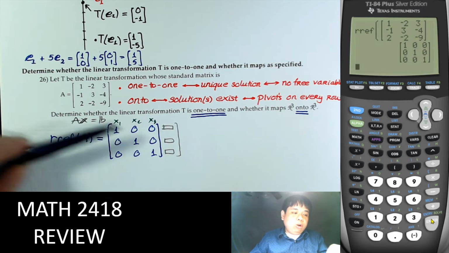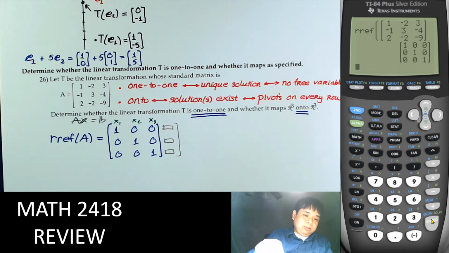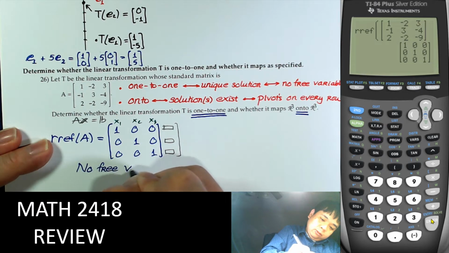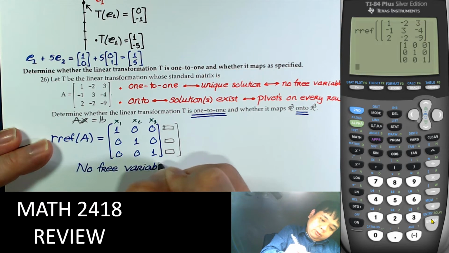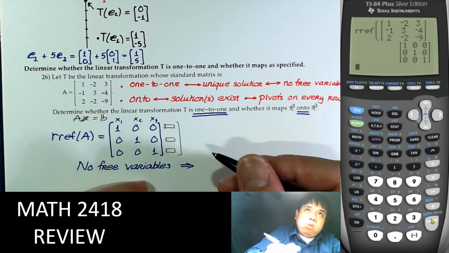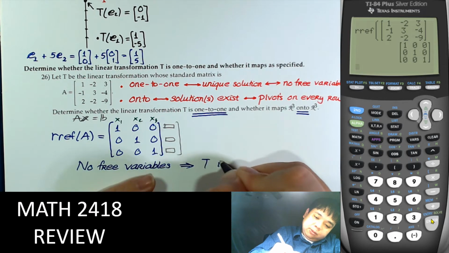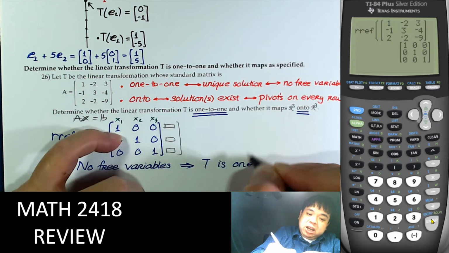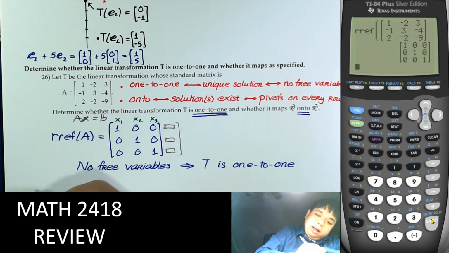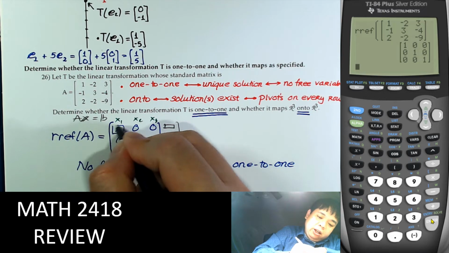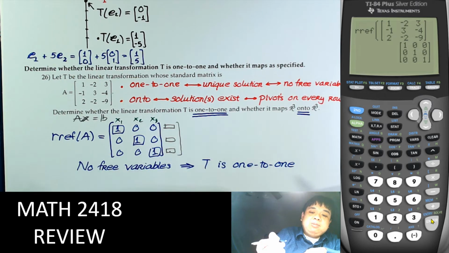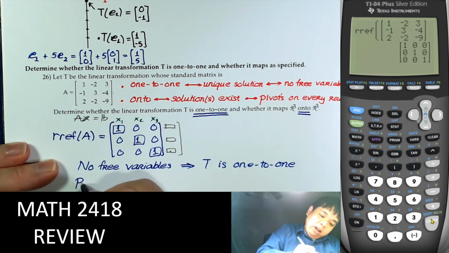We have no free variable here, so the transformation is 1 to 1, because there will be a unique solution. And then we do have the pivot on every row. So the pivot here cannot be in the last column. Right? So pivots on every row.